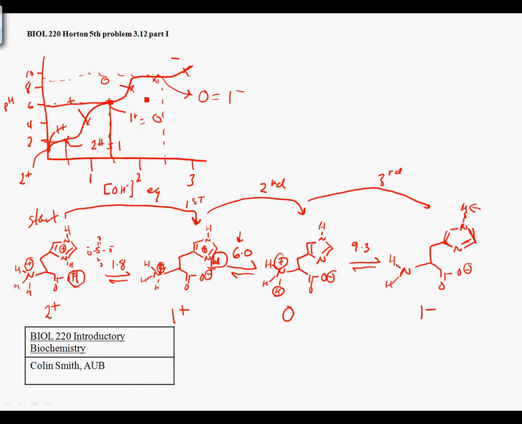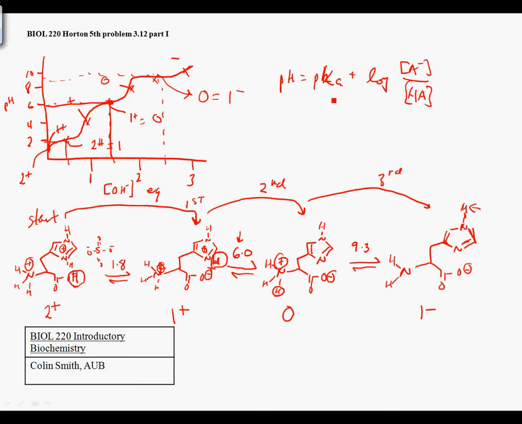And at what pH ranges would histidine be a good buffer? So in general, let's look at this: pH equals pKa plus log of the concentration of the conjugate base over the acid.